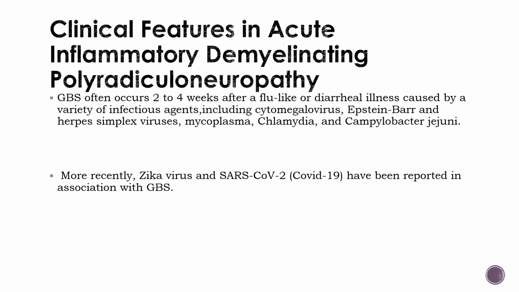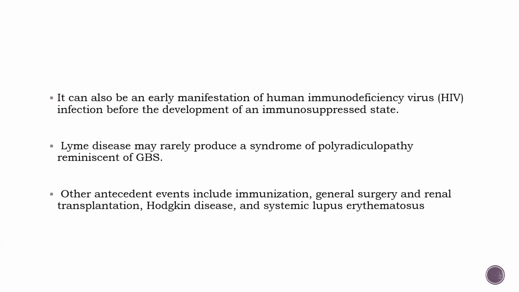More recently, Zika virus and SARS-CoV-2 have been reported in association with GBS. It can also be an early manifestation of human immunodeficiency virus infection before development of an immunosuppressed state.